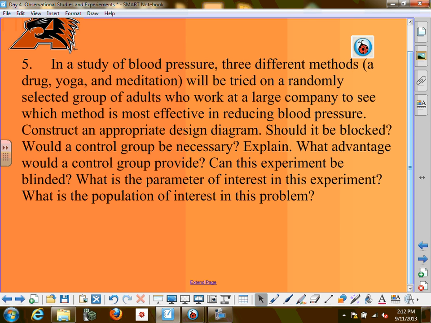See that? I said yes because this is probably done over time, like maybe over a 6-month period, and maybe the whole company's average blood pressure is different in the summer than it is around Christmas time. So I need to kind of just know how much everybody's changes in general before I start putting in the up and down of the treatment.